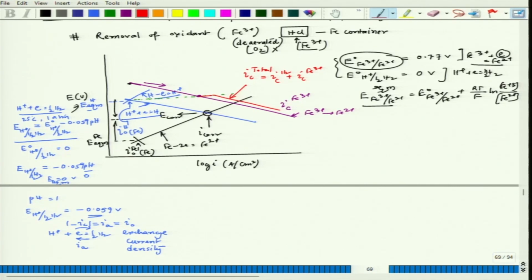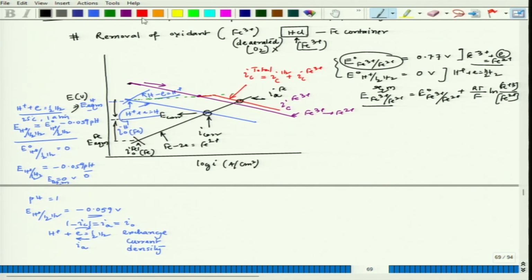So this is the total, and this particular line corresponds to IA, iron dissolution, and this is the junction point where the rate of total reduction process is equal to the rate of total anodic process.